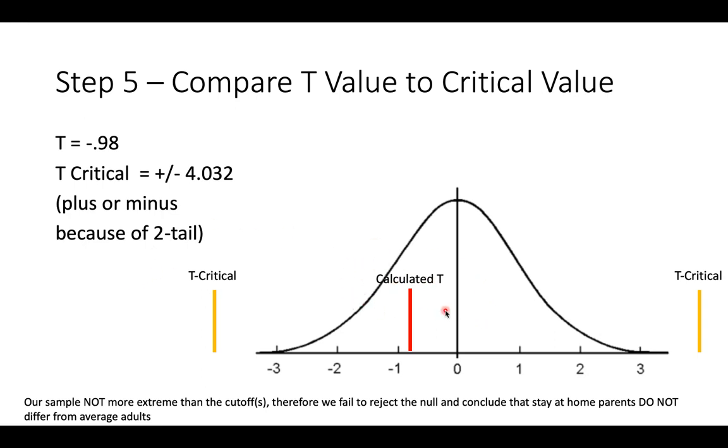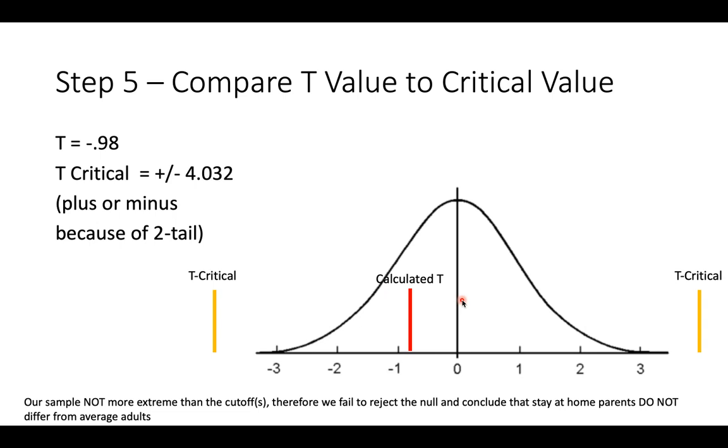What this tells us is that our stay-at-home parents are equal to the average adult, everyone else, right? We are too close to the mean for us to conclude that they're different from the average adult. They are effectively the same as the average adult. They are not more extreme than the cutoff. They're too close to the mean.